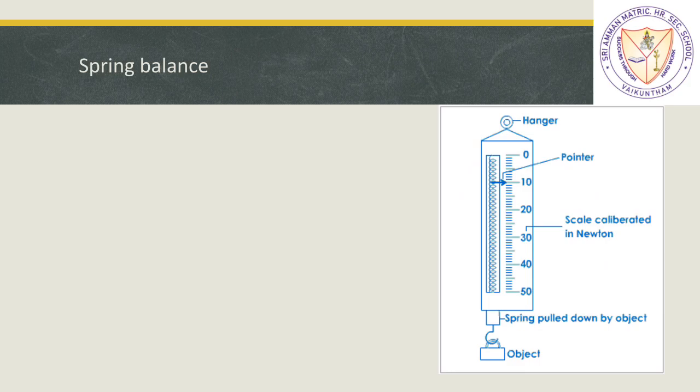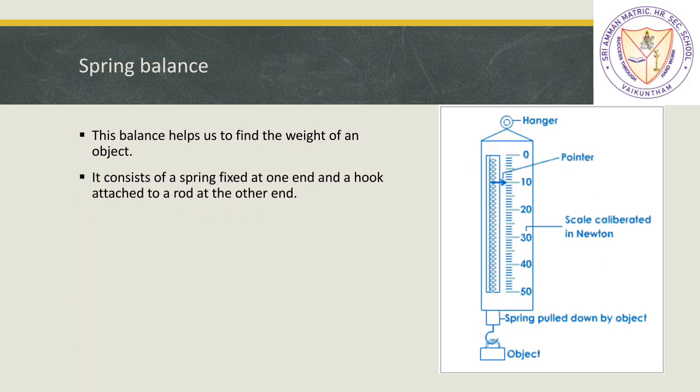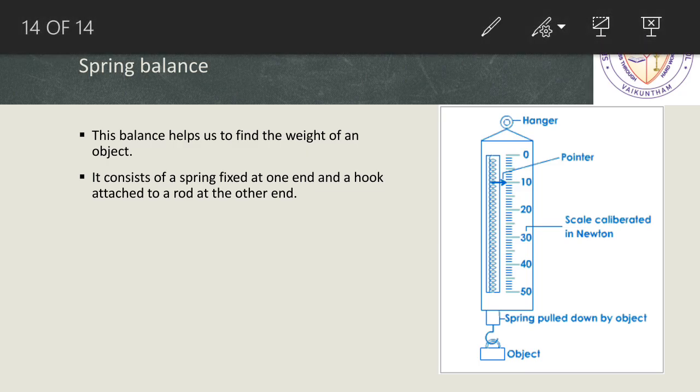You can see in the picture also, the balance helps us to find the weight of an object. It consists of a spring fixed at one end and a hook attached to a rod at the other end. You can see there is a hook here, right?